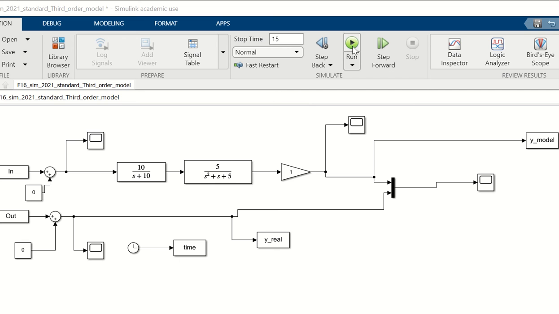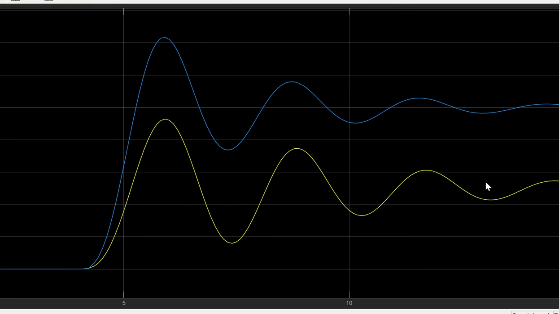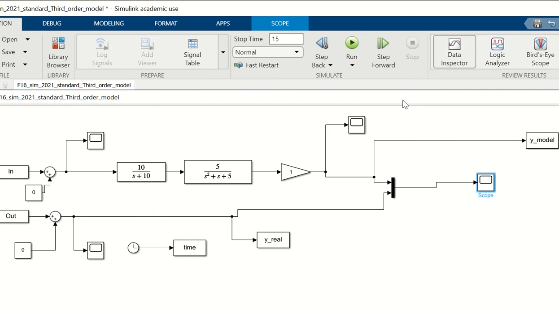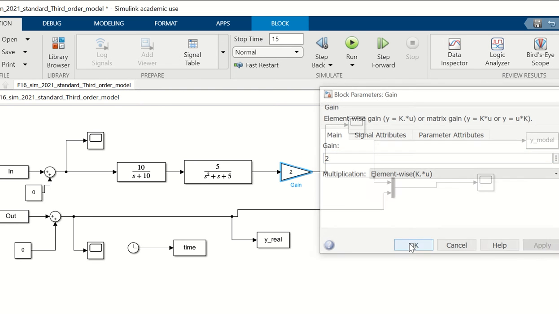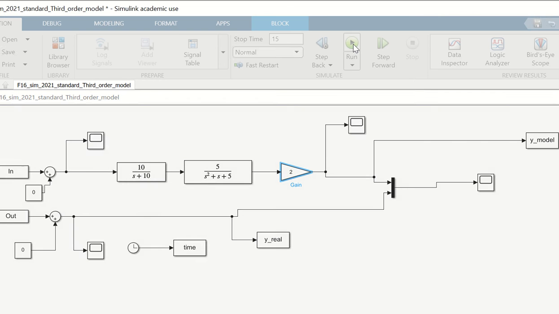So if we run the program now, we can look at the two. You can see now they're significantly different, and the yellow one is quite a bit lower down than the blue one. The blue one's the real one, the yellow one's the model. So we need to push the model up. To push it up, we can change that number, double it, say 2. Run it again.